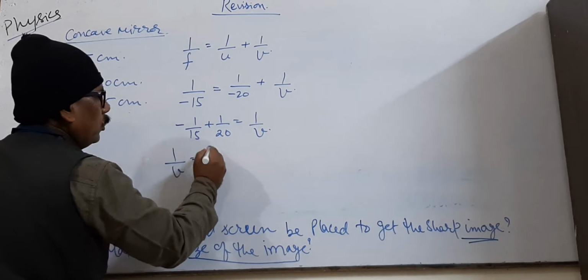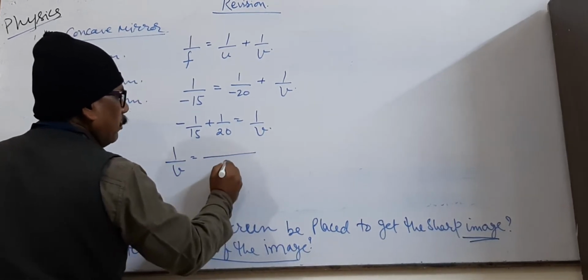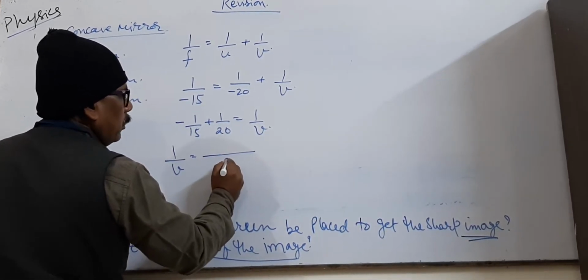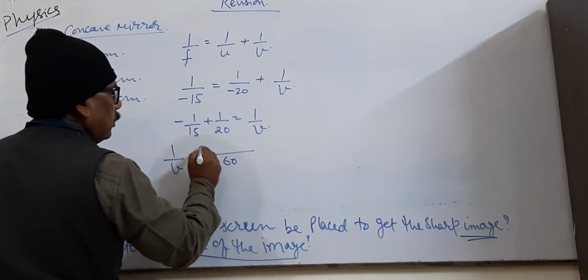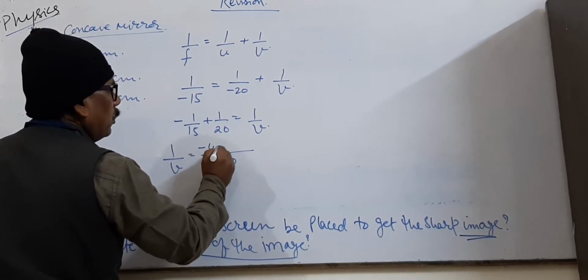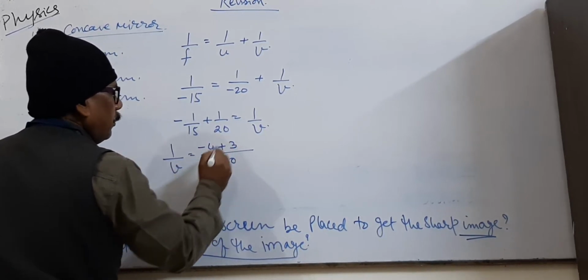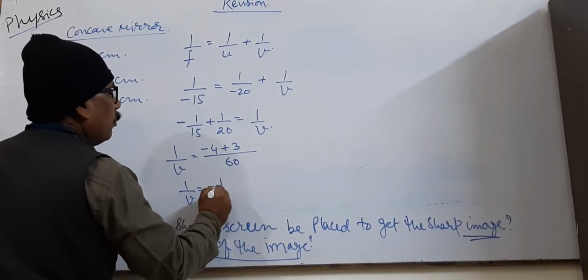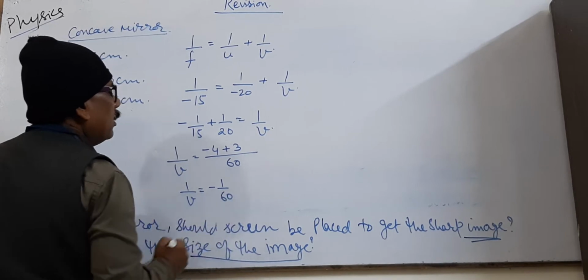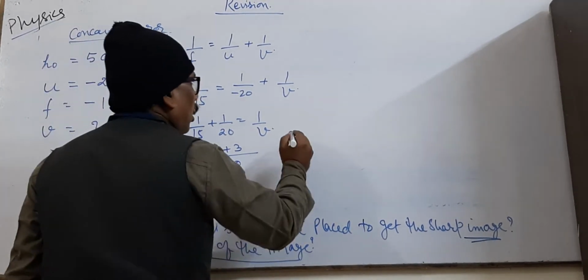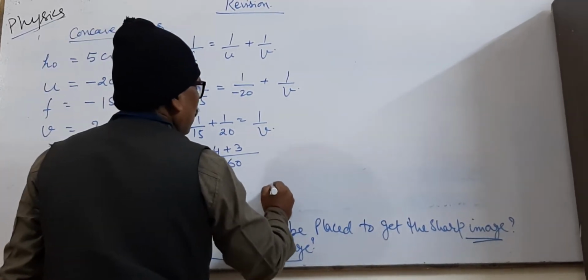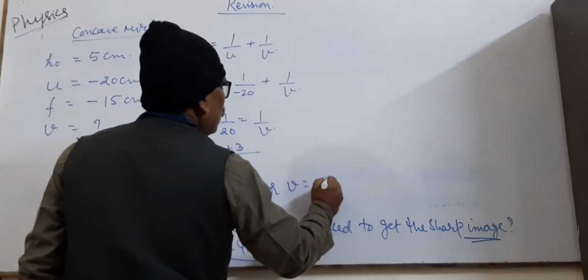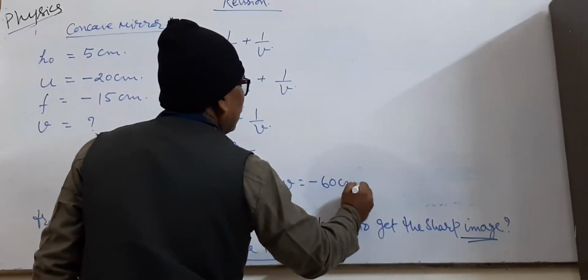1 by V is equal to, you take the LCM. LCM will be 60, minus 4 plus 3, and 1 by V is equal to minus 1 by 60, or V is equal to minus 60 centimeter.